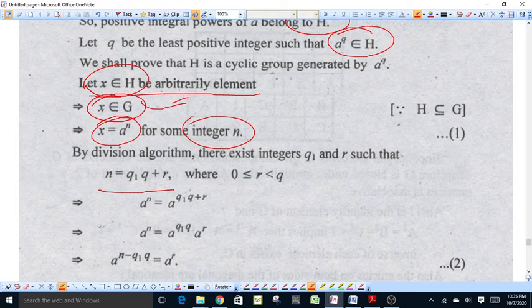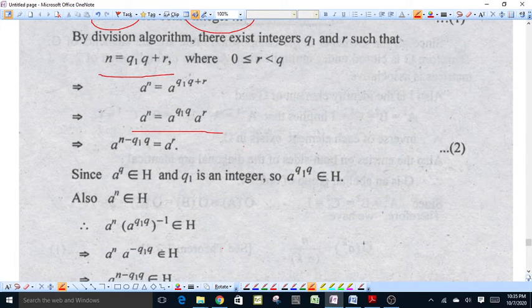That implies a raised to power n will be equal to a raised to power q1 q plus r. This can be written as a raised to power n is equal to a raised to power q1 q into a raised to power r. That implies a raised to power n upon a raised to power q1 q is equal to a raised to power r.